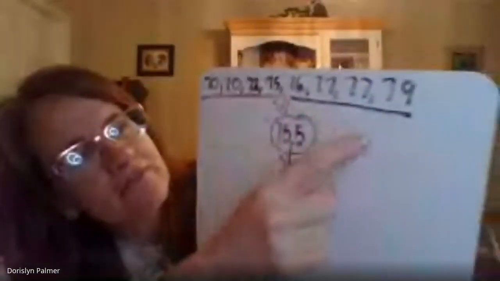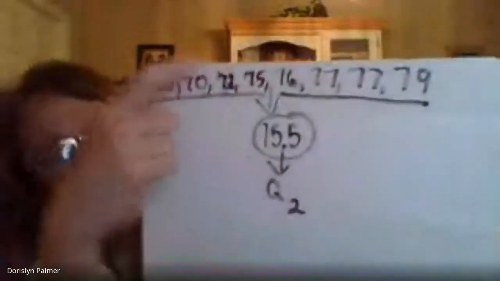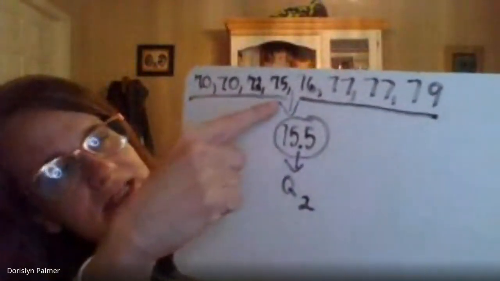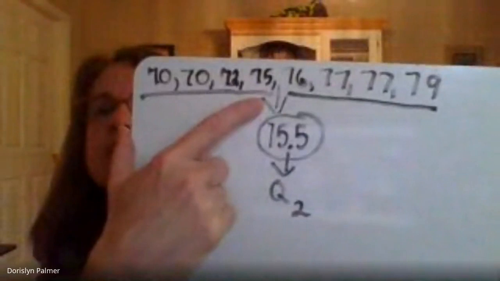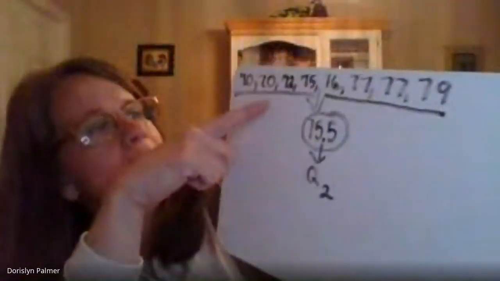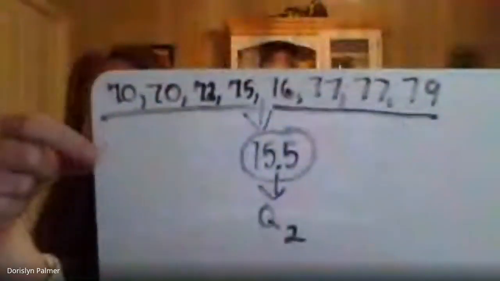When you have an even number, you include one of the numbers from your median. So I'm breaking that. I'm using the 75 in my lower set. So I'm looking at 70, 70, 72, and 75. And I want to find what comes in the middle of those 4 numbers. Okay. So Lauren, what 2 numbers are in the middle?